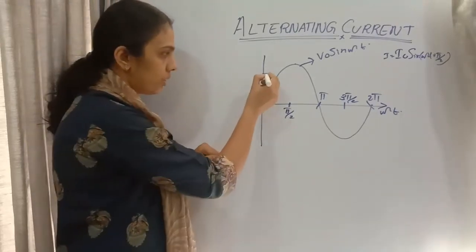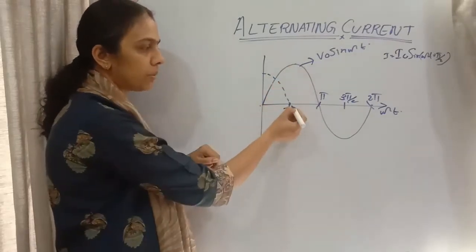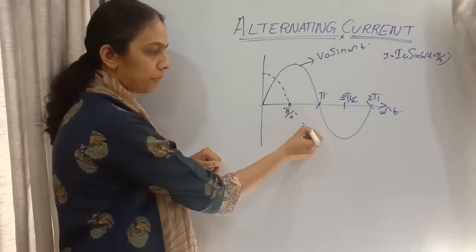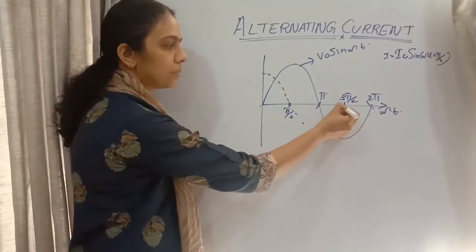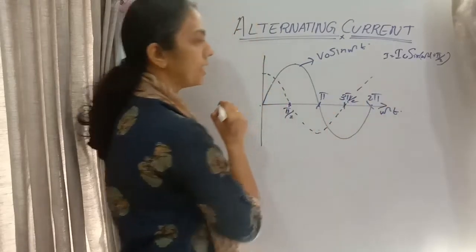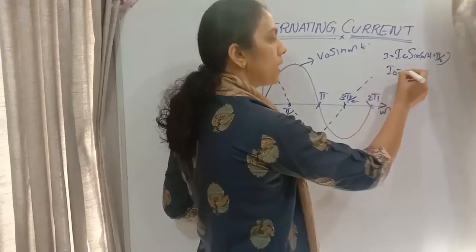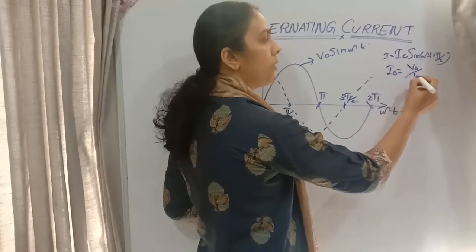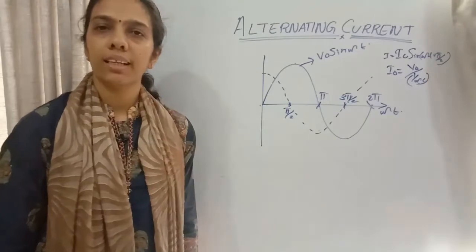When one is maximum, the other will be 0, and when one is minimum, the other becomes maximum. The I0 value is reduced by a factor X: I0 equals V0 divided by 1 by omega C. This is the factor. Here we will be getting it like that.